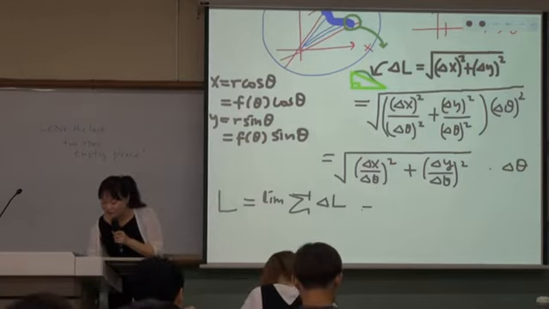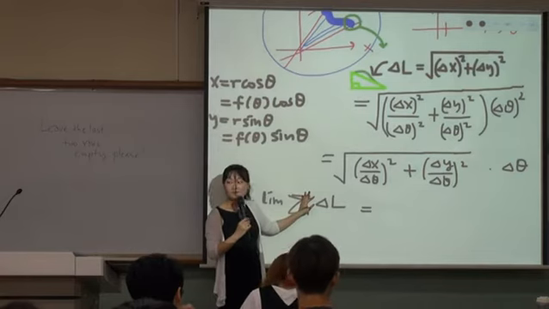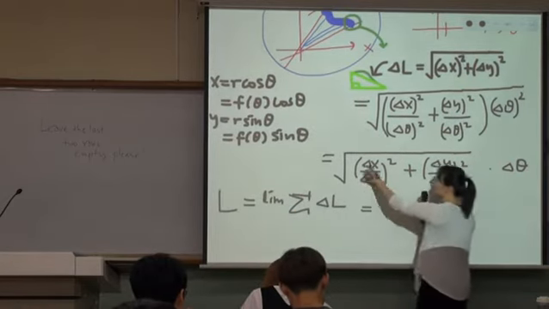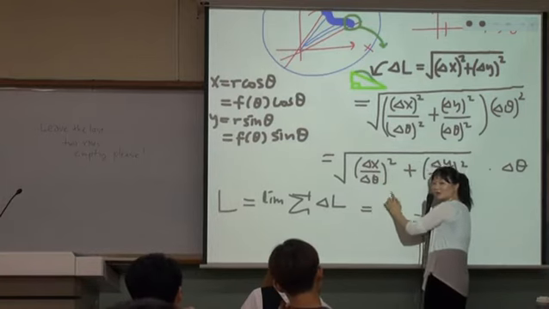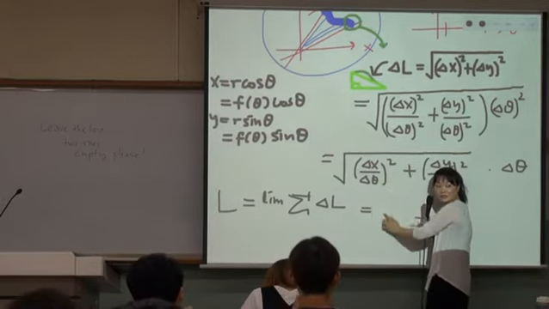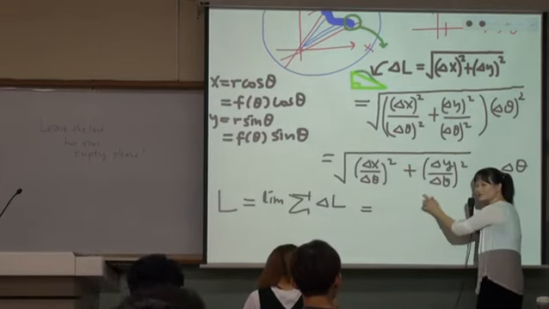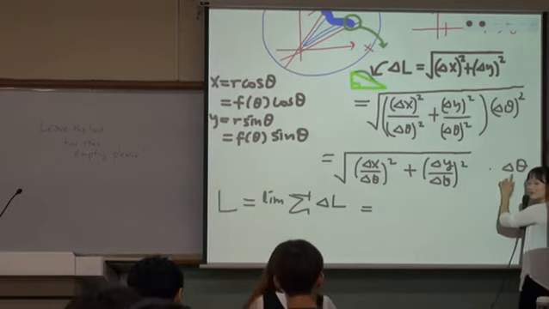So that is equal to, what is the limit of the sum? Integral. When I take this limit, delta x over delta theta can be approximated by dx d theta, this is dy d theta, and this is d theta.